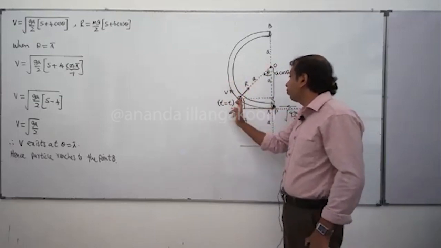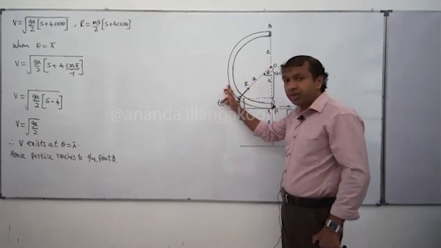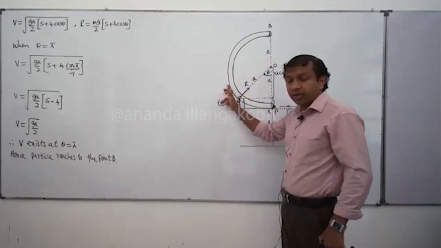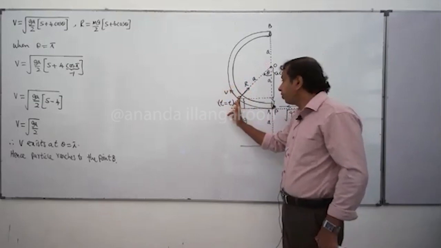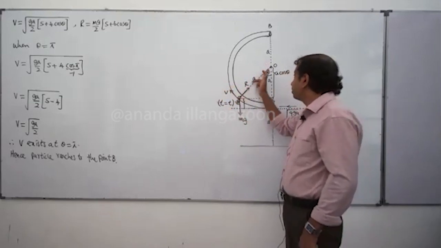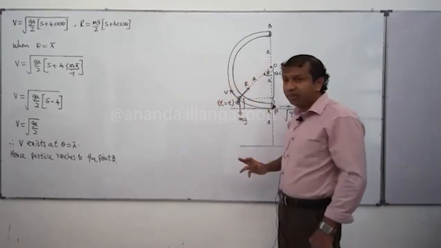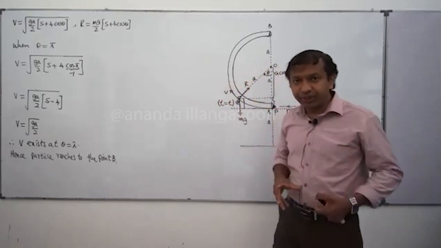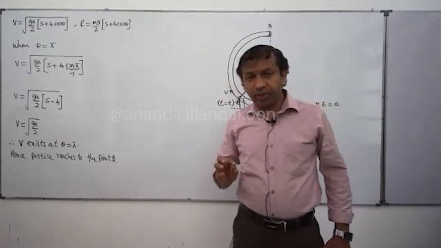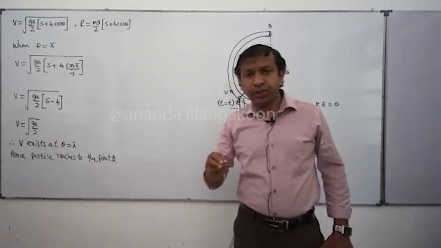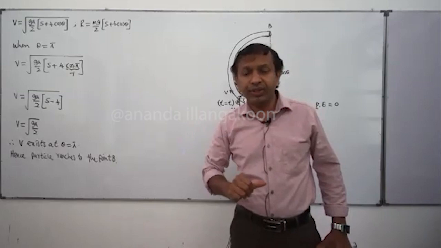Then you can see from here to here, in the motion of the particle, the reaction actually changes direction. No. The direction of the reaction changing does not mean that change.